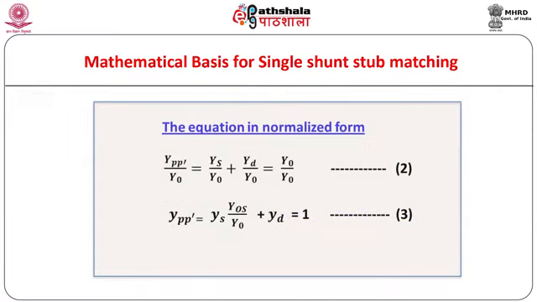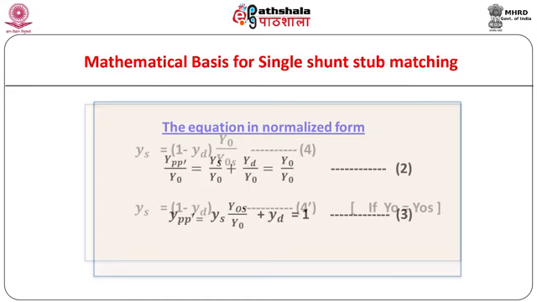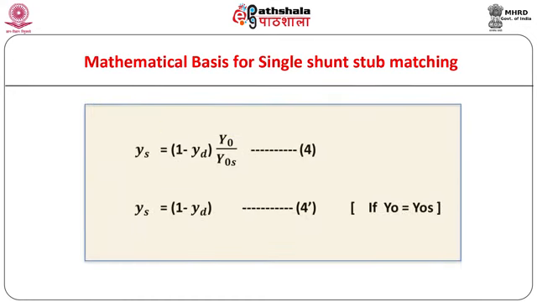Dividing both sides of this equation by Y0, we obtain the equation in normalized form as shown. Equation number 2 can be rearranged to obtain an expression for Ys as follows. Equation number 4 plays an important role in determining stub position and its distance from the load using Smith chart.